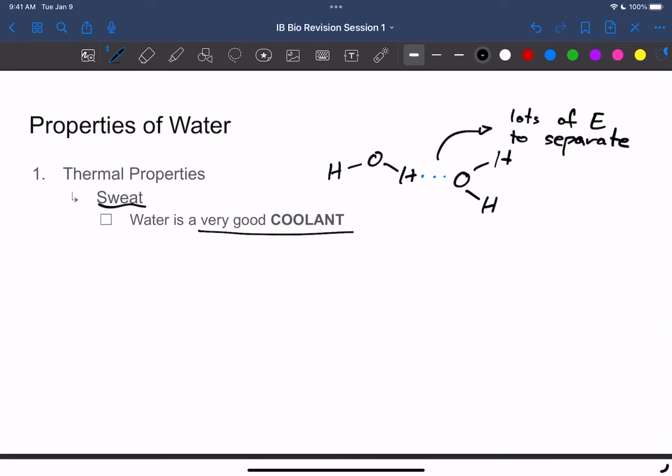And this can be utilized in something like sweat. When we exercise, this is going to be our skin. During exercise, you're going to produce heat.